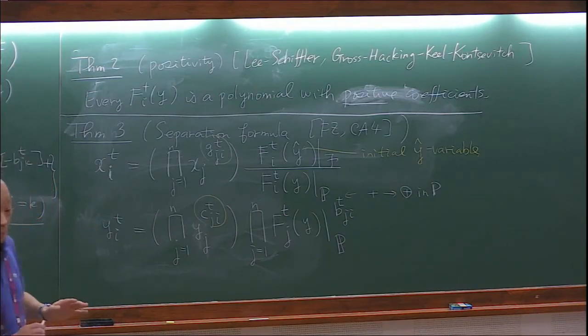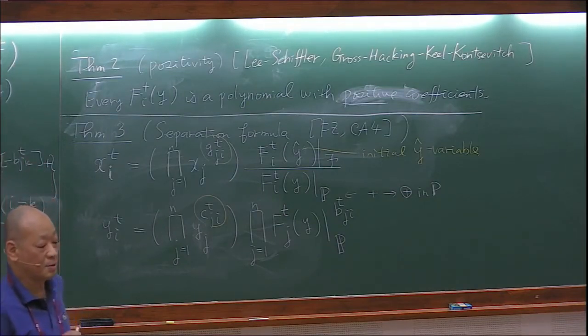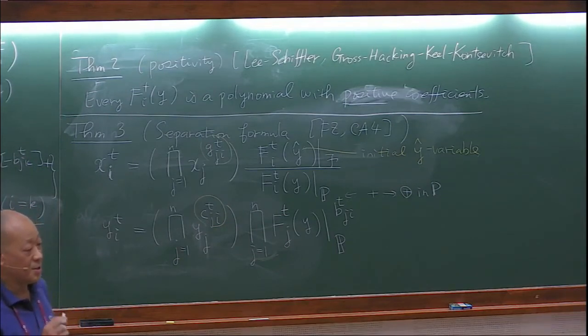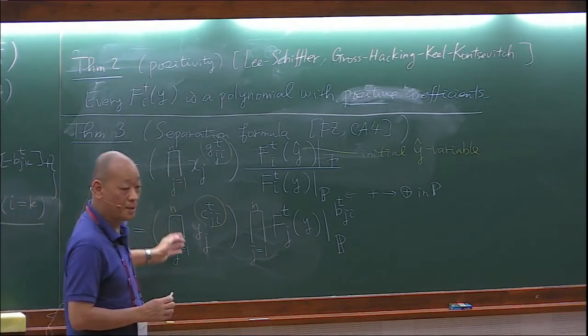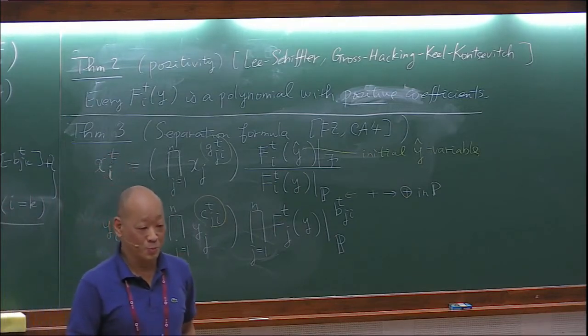And what is good about it? Just figuring out that it is identified with a cluster pattern itself is not useful at all. It's just a recognition. But once you recognize it, you can apply this formula. That is a very useful thing.